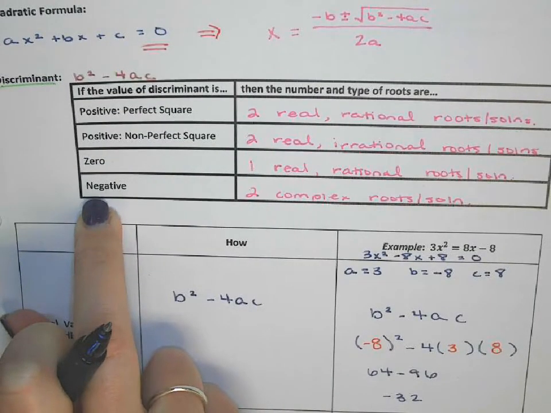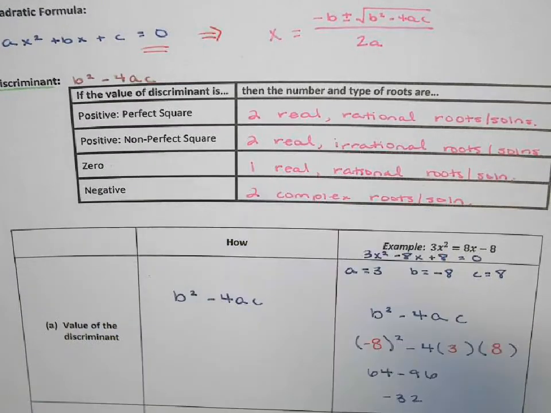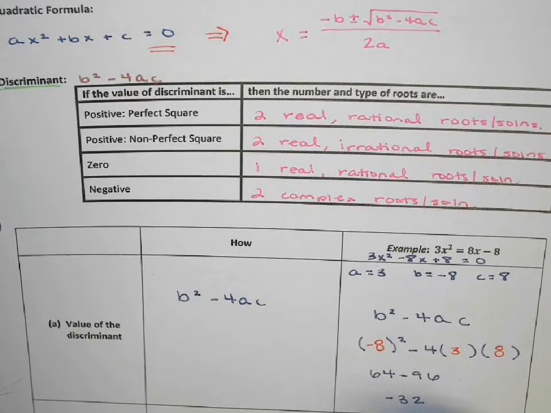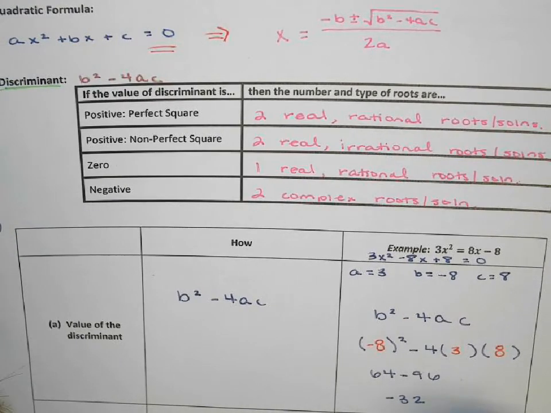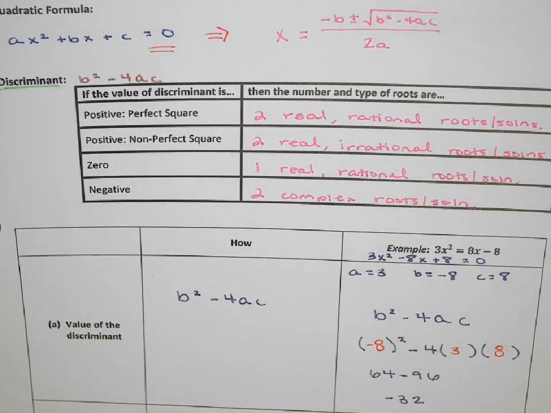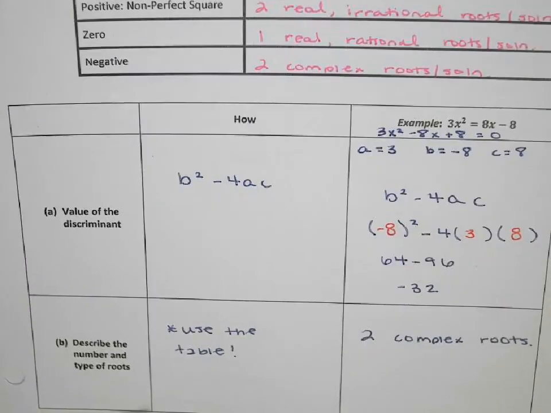It's negative. So what kind of roots are we going to have for our answer here? Two complex roots, or solutions. So that's all I'm going to do, use that table to describe my roots. So far, so good?